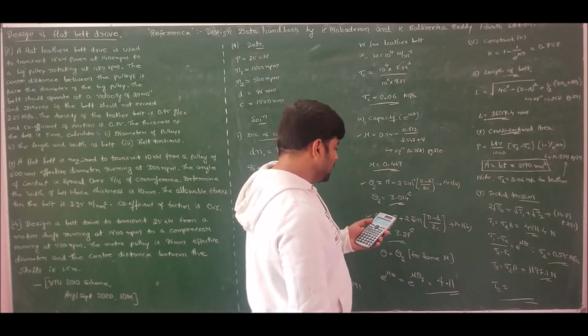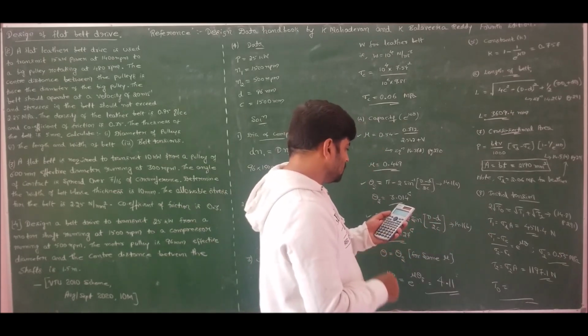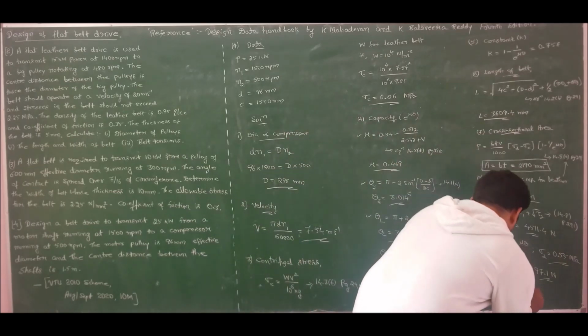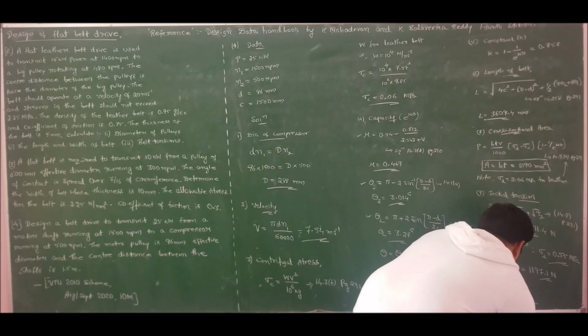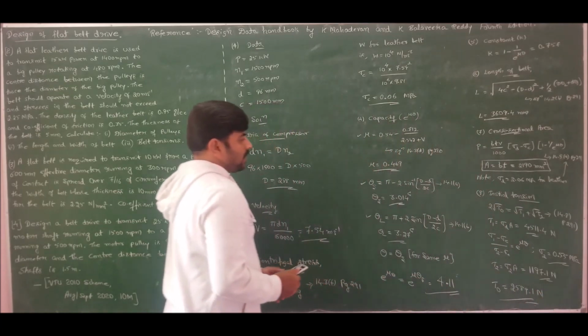So 50.88 is root of T naught. The square of this is T naught, that is 2589.1. So 2589.1 newtons is the initial tension of the belt.